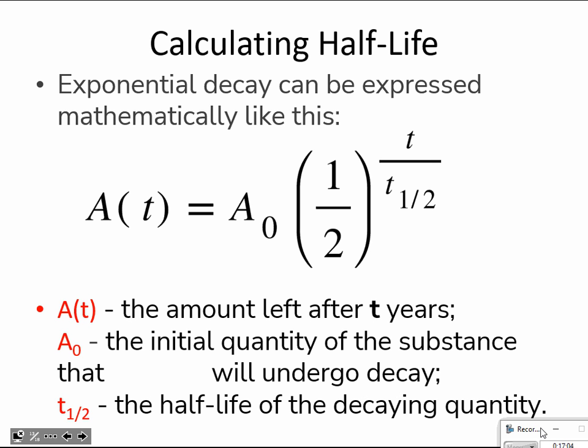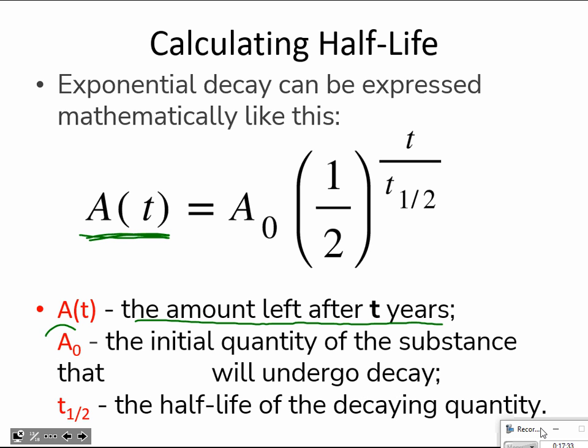Now in this particular equation, A sub T right here is the amount left over after T years. Usually we're going to see these in masses, so that is the amount of the unstable isotope that is left over.